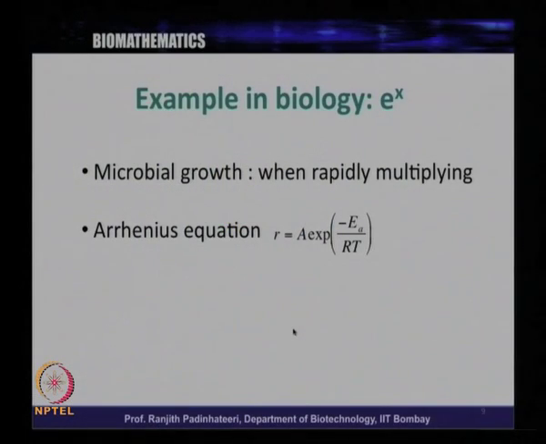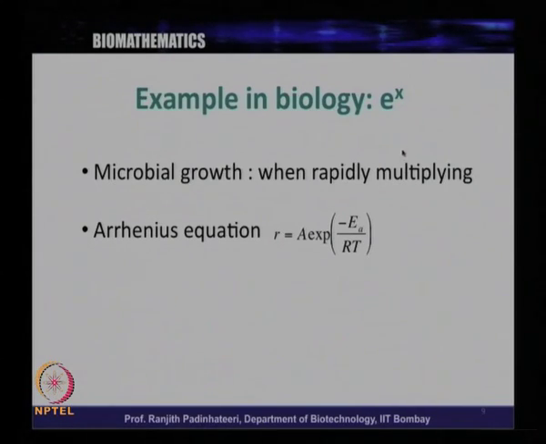When rapidly multiplying bacterial cells, for example, or yeast cells, we call it the exponential phase or exponential growth. Sometimes it is also called the log phase. In the log phase, things grow exponentially, and why we call it the log phase, we will come to that later.